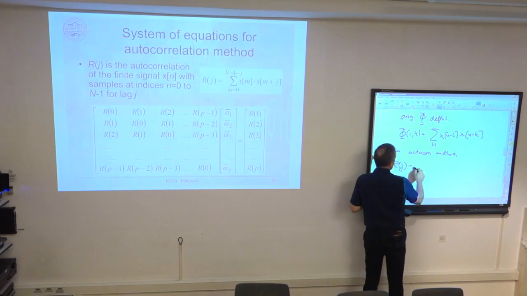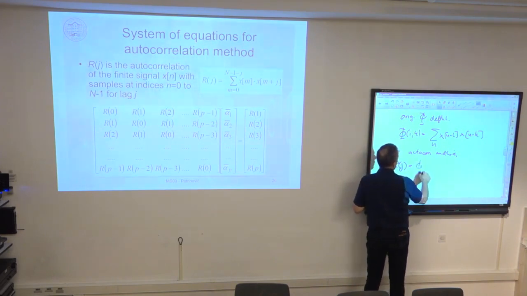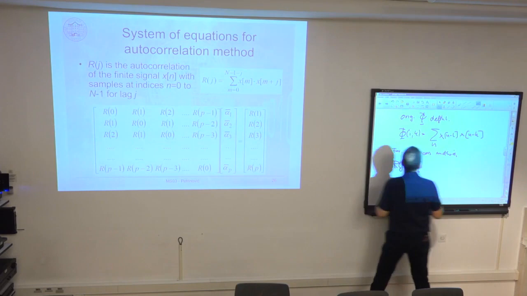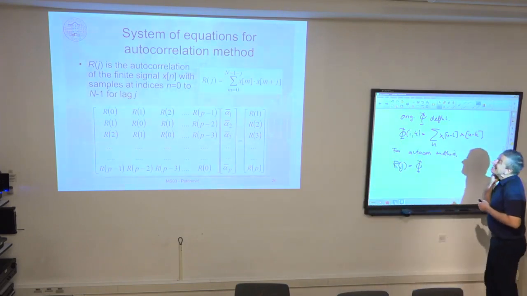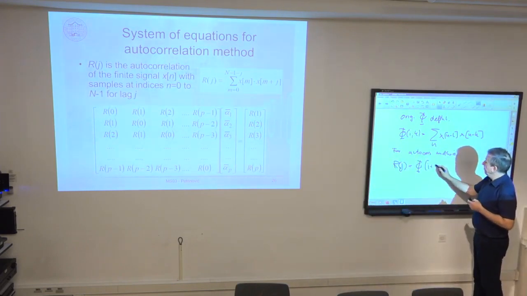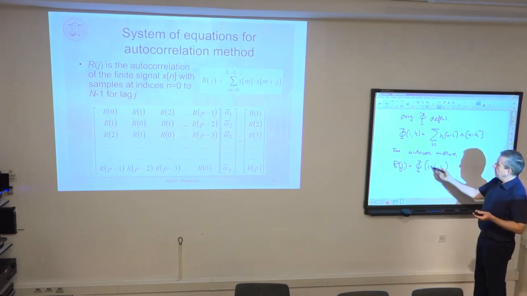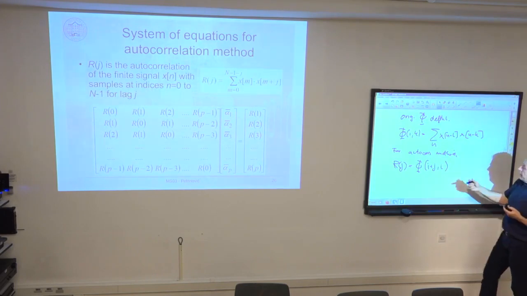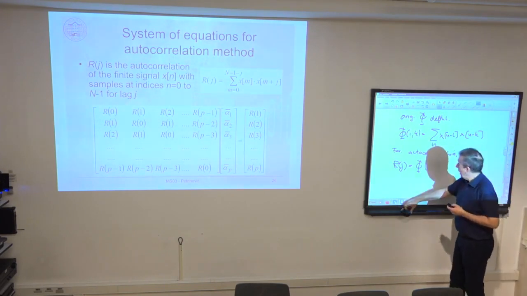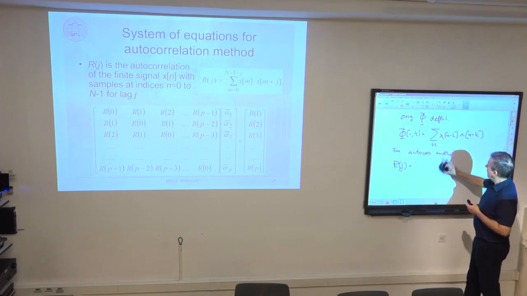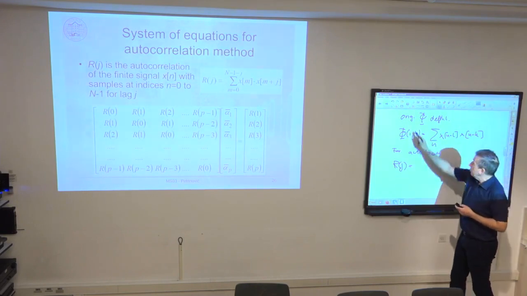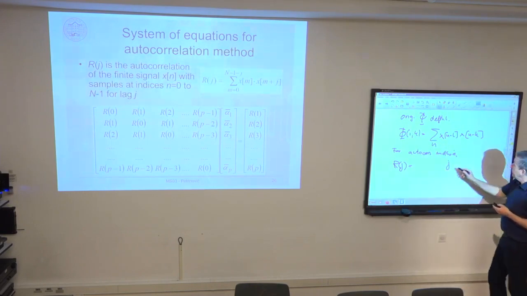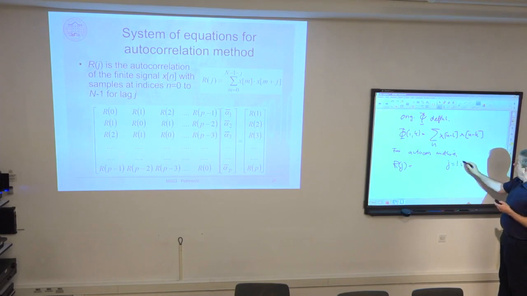This R of j is nothing else but phi of i plus j comma i. So the idea is that j is the absolute difference of i and k. J is the absolute difference of i minus k, okay?